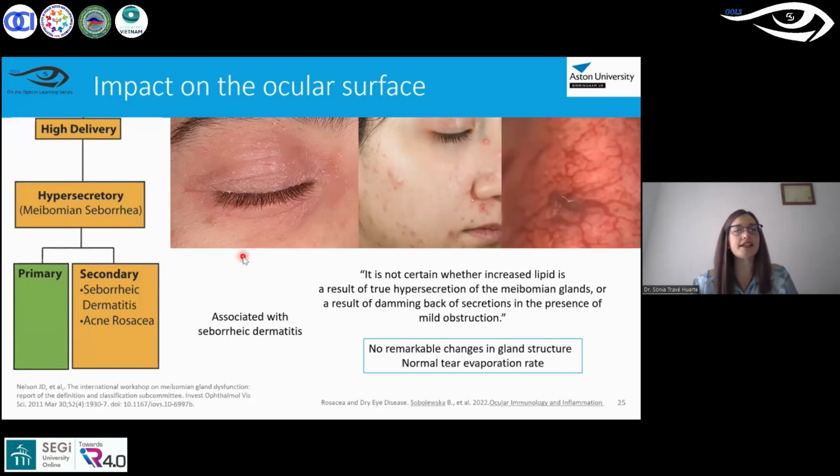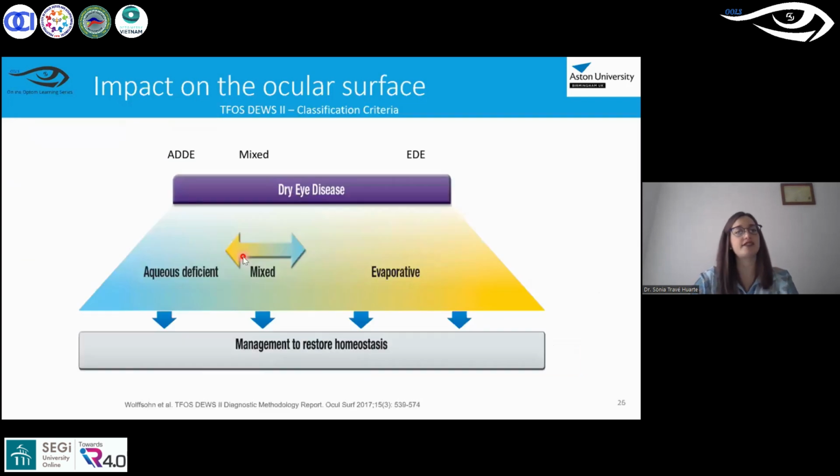The most important thing that we as ECPs, as eye care practitioners, need to know is that in high delivery states, we're not going to find major structural changes on the Meibomian glands, and we may not find a lot of changes in evaporation or tear film stability. So those are things on the high delivery status.